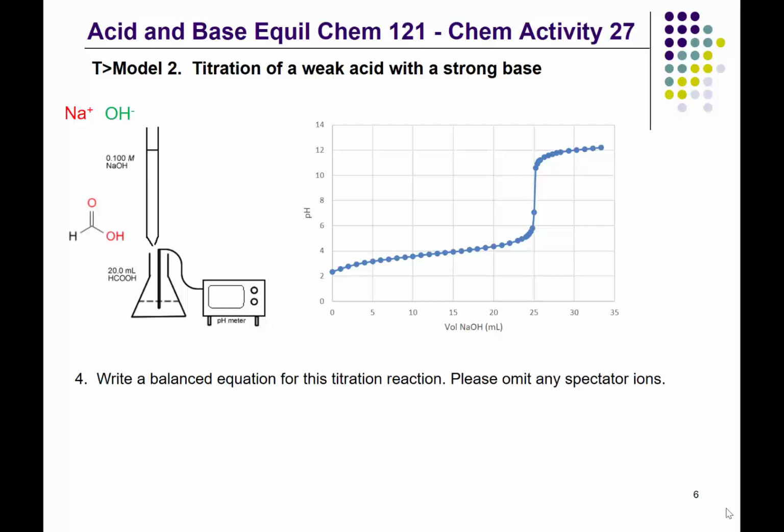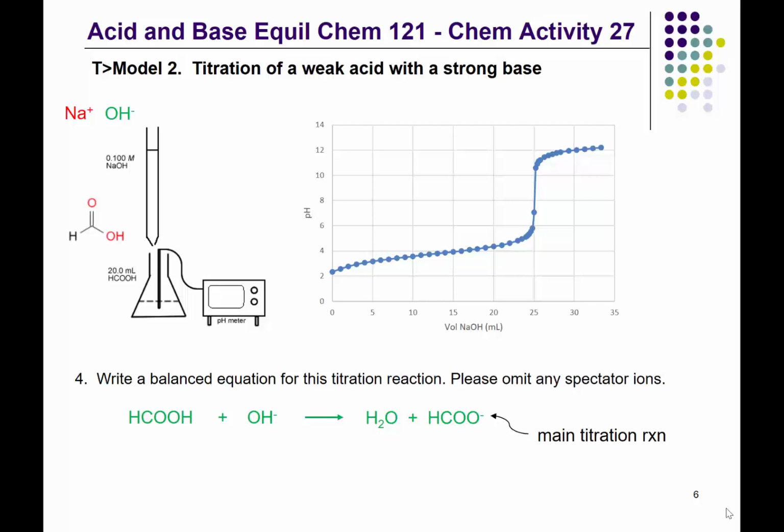A balanced equation for the titration would therefore involve methanoic acid plus hydroxide ion going to form water and the conjugate base, methanoate. Note that like all titration reactions, this reaction goes to completion, even though it involves a weak acid. This is because the reaction involves a strong base.